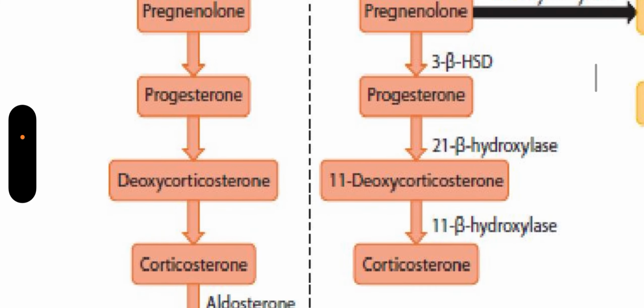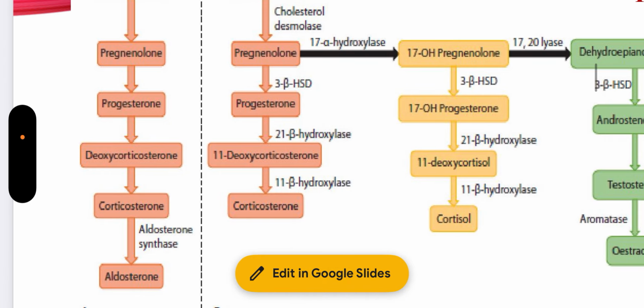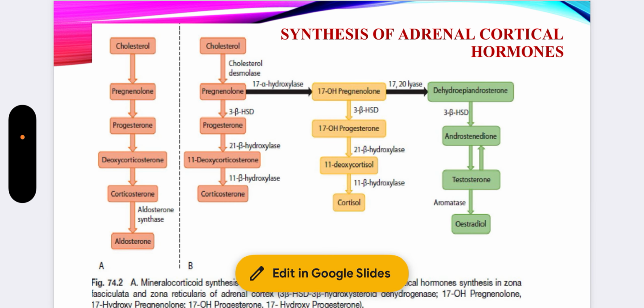Progesterone is converted to deoxycorticosterone, which is further converted to corticosterone. Corticosterone is acted upon by the enzyme aldosterone synthase to form aldosterone, our primary mineralocorticoid.